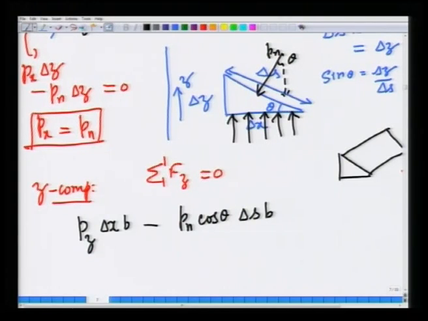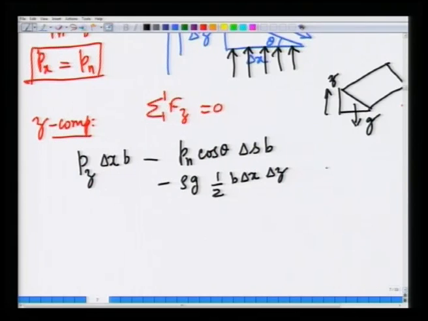And then in the vertical direction, this is Z, there is gravity acting. Gravity we have already found is rho times g times half B delta x delta z. The sum of all forces is 0. Gravity is acting in the negative Z direction, as is the component of the force on this triangular surface.